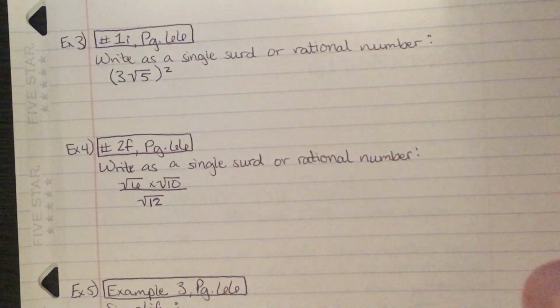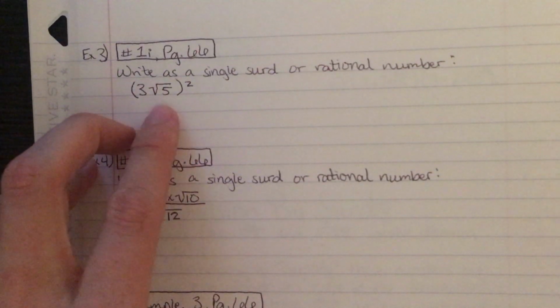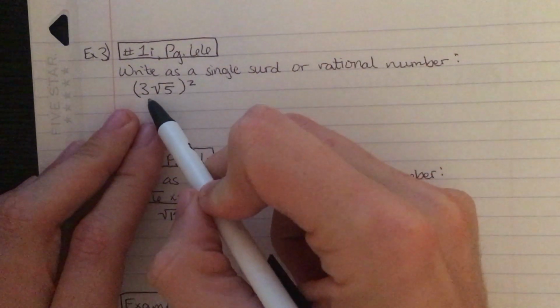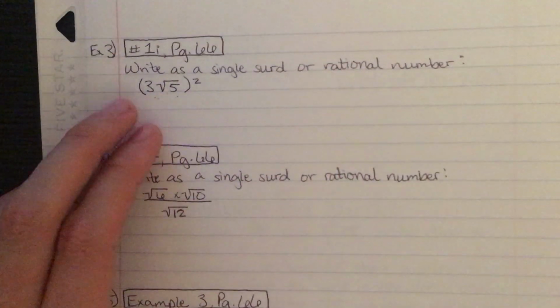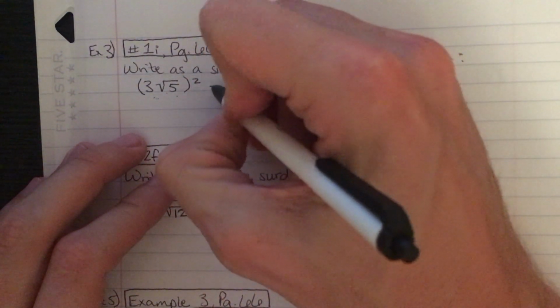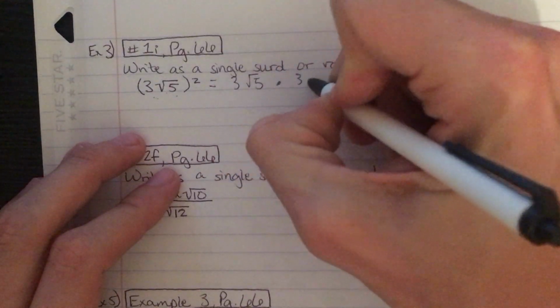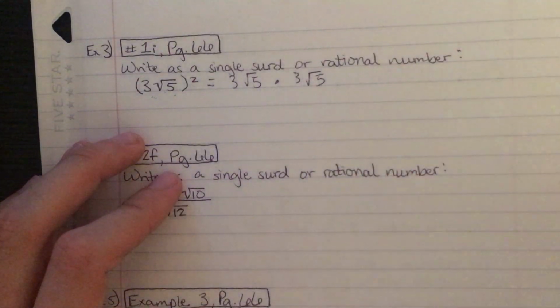So then the next thing we're going to look at is just doing more math with these things. We've got 3 square roots of 5, and we're squaring that. That means there are 2 of these things. So we've got 3 square roots of 5 times 3 square roots of 5.